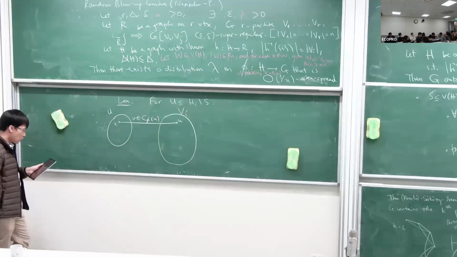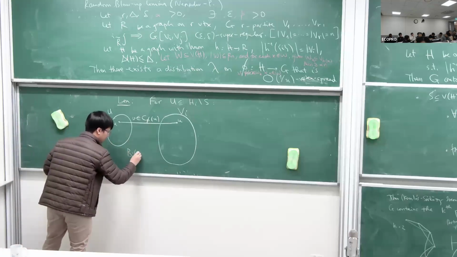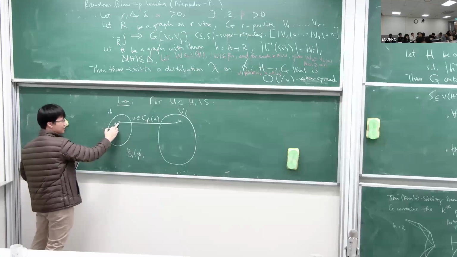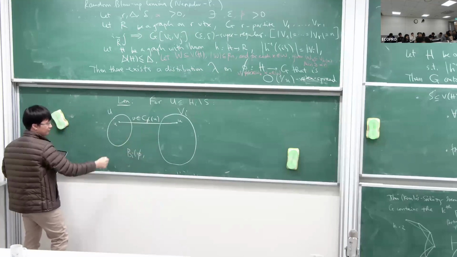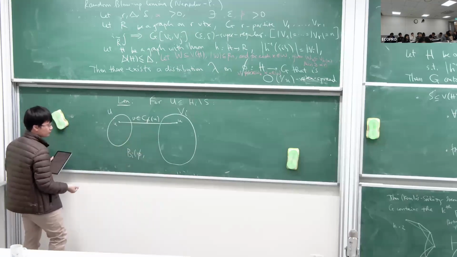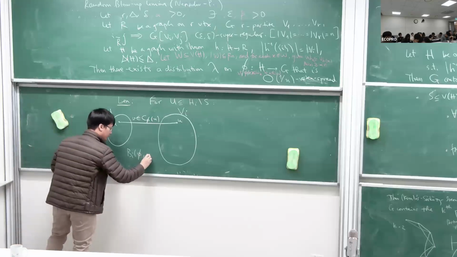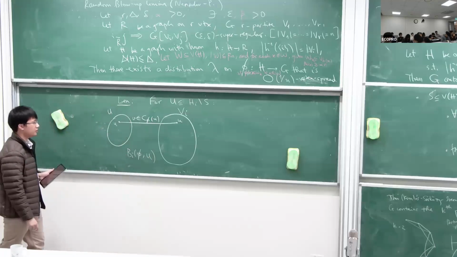So v is one of the options for u. This graph will be very important for us. It tells us where we can embed the vertices from H into the graph G, and roughly, matchings in this type of bipartite graph will be exactly what we want to find in order to get the embedding. Here we define this bipartite graph to be what we call B_i of C and U.